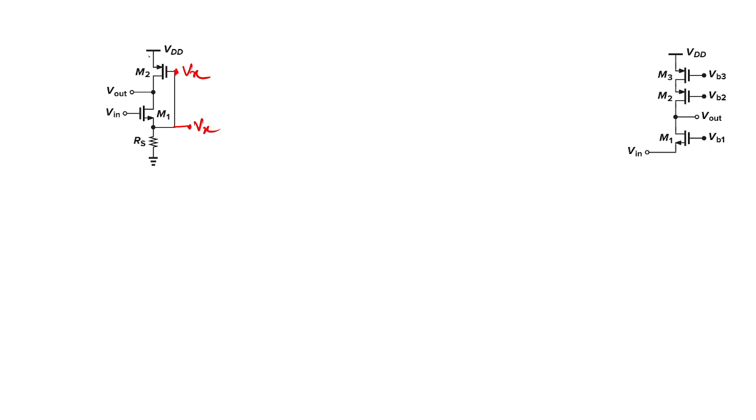So the current flowing here is minus Gm2 into Vx. And what is the value of Vgs here? The value of Vgs here is Vin minus Vx. So what is the current flowing through drain to source? Gm1 into Vin minus Vx. Okay, here this amount of current is flowing.